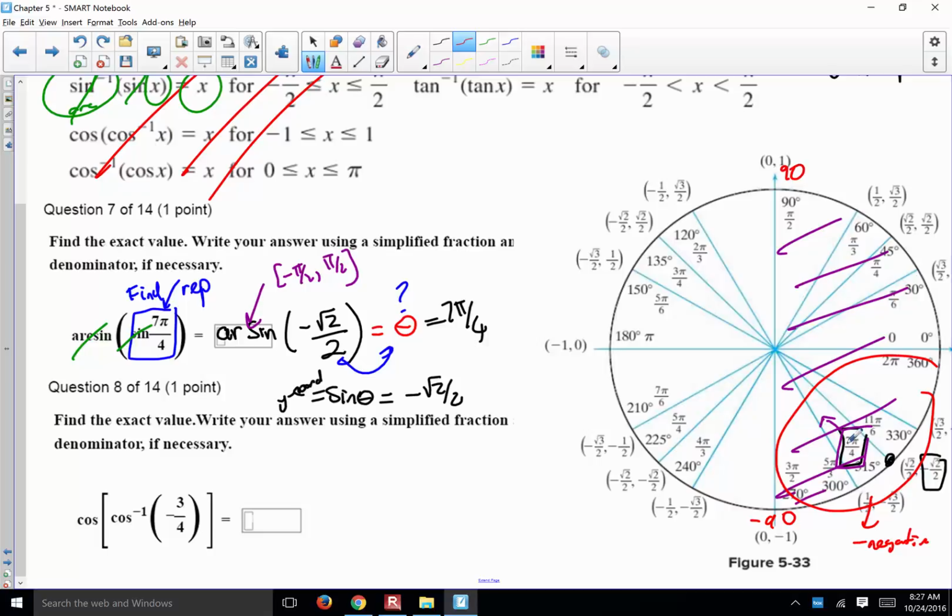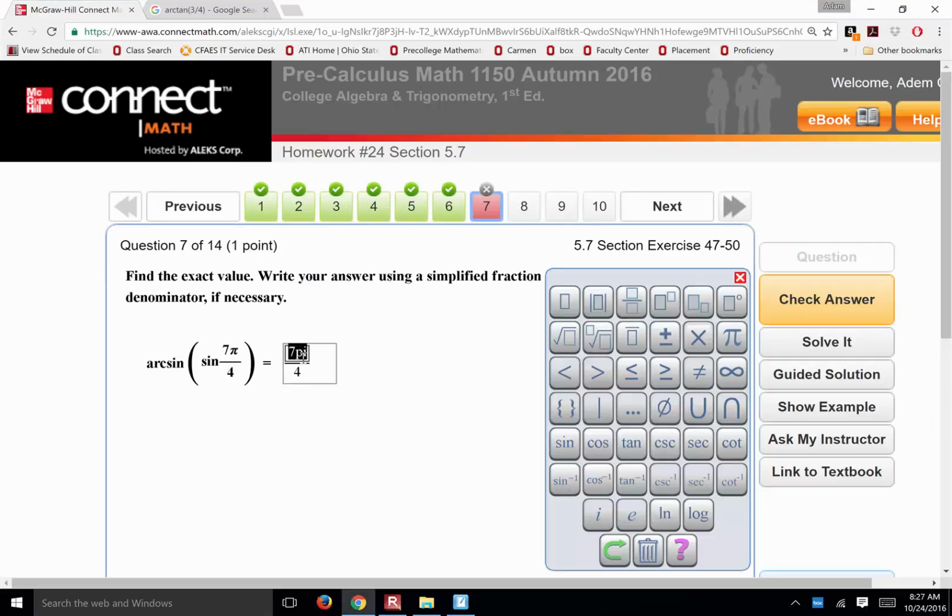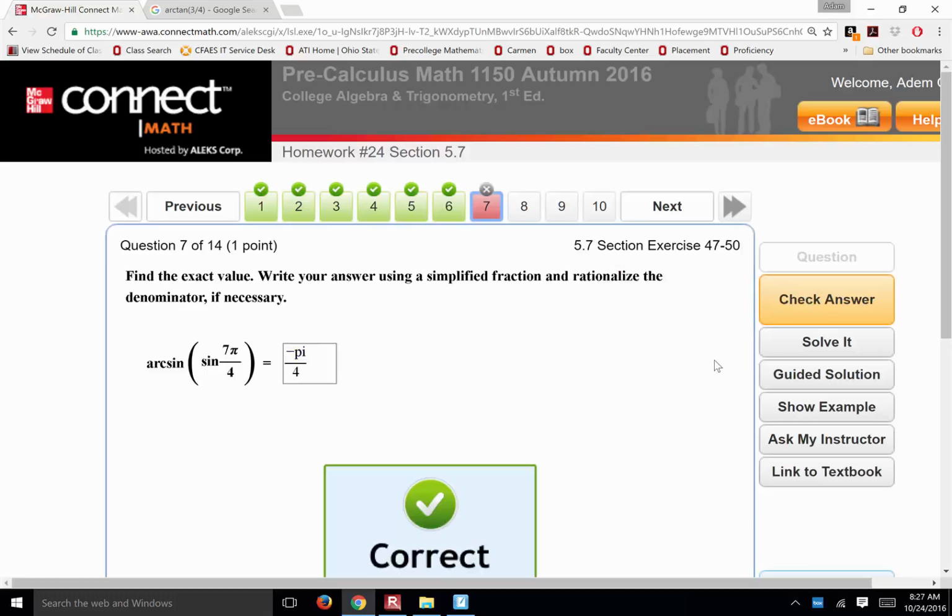So 7 pi over 4 is not going to be accepted. So we need to change this into negative pi over 4. Okay? Let's try this. Yeah, there you go. Same angle, same result, but in the desired range, because sine inverse has a range of minus 90 to positive 90.